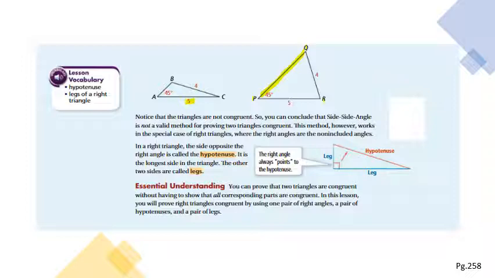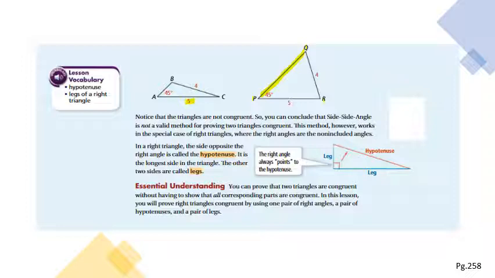But the question is, can we say that the two triangles are congruent by SAS or by SSA? Okay, so let's see here. Notice that the triangles are not congruent.